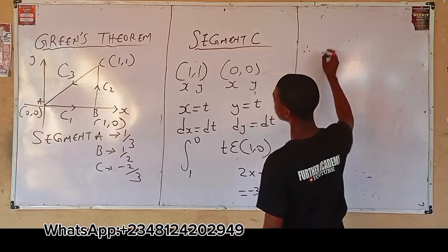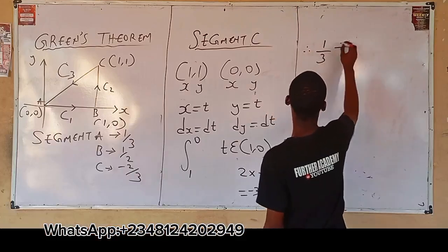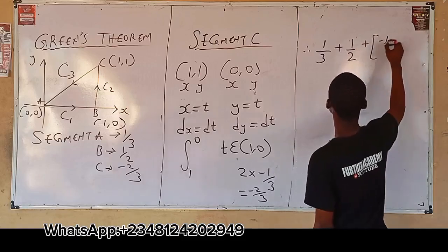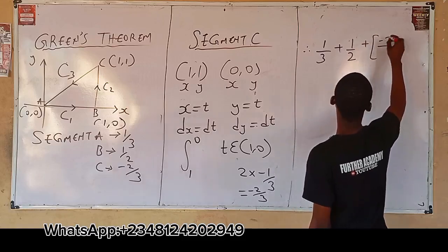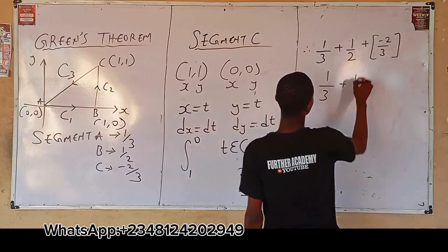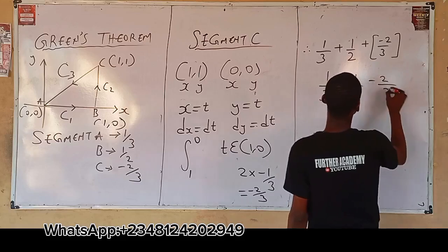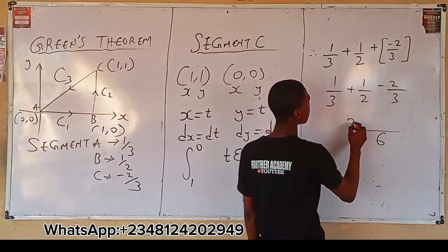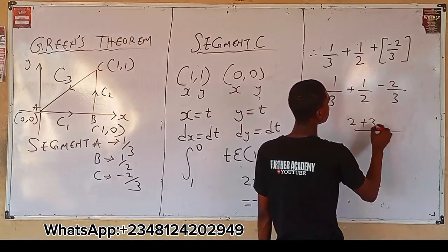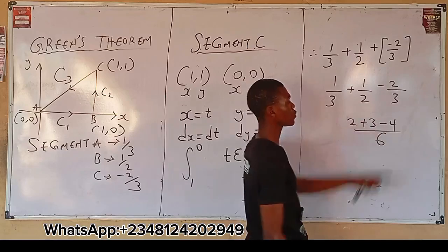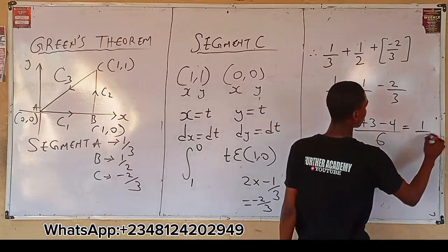Therefore, I have 1 over 3 plus 1 over 2 plus negative 2 over 3, meaning 1 over 3 plus 1 over 2 minus 2 over 3. Take the LCM, which is 6. You have 2 plus 3 minus 4, right? This is 5 minus 4. That's 1 over 6.